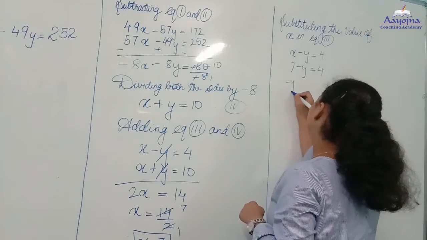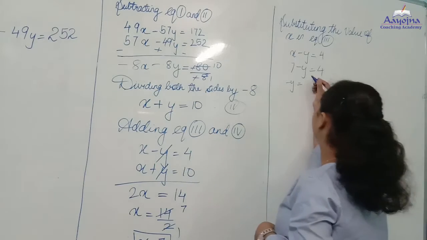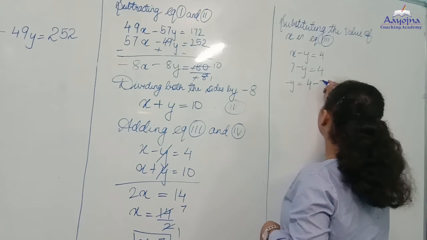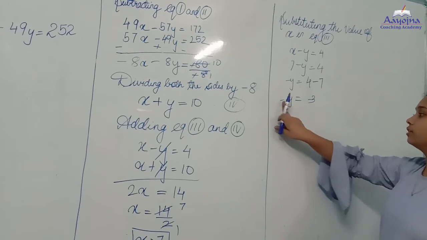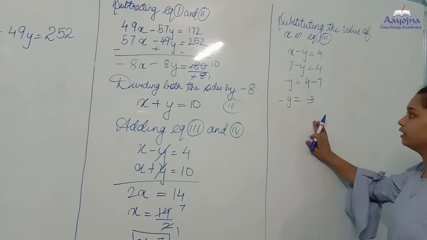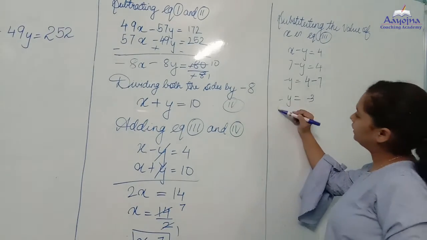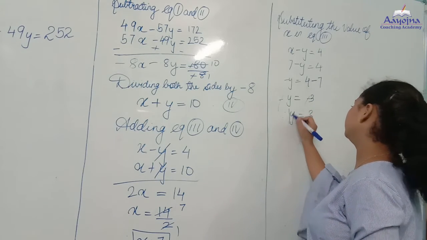So minus y is equal to, here it is plus, there it goes, it becomes minus, 4 minus 7. So 4 minus 7 is minus 3. So minus y is equal to minus 3. Now here it has minus on both the sides. So we will cancel the minus sign. So therefore y is equal to 3.